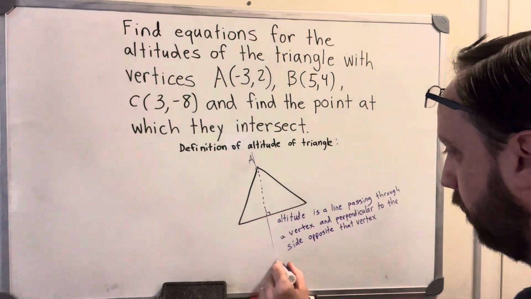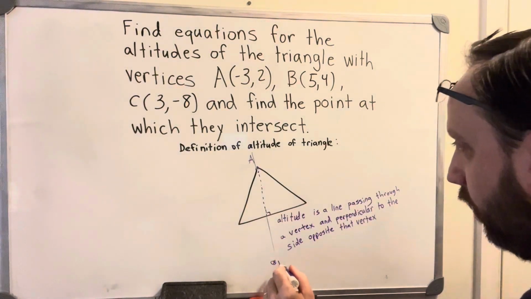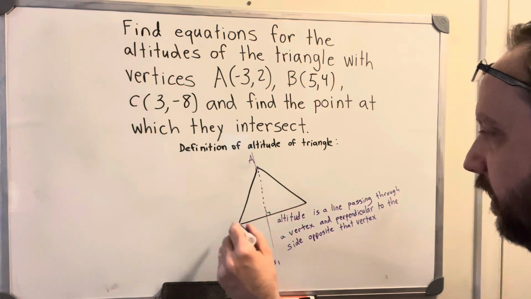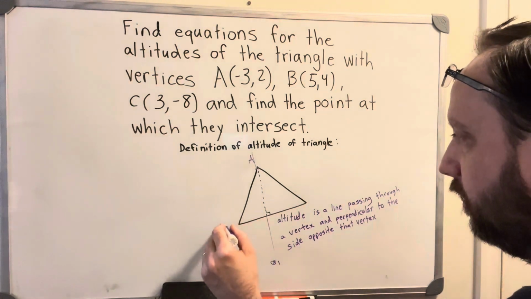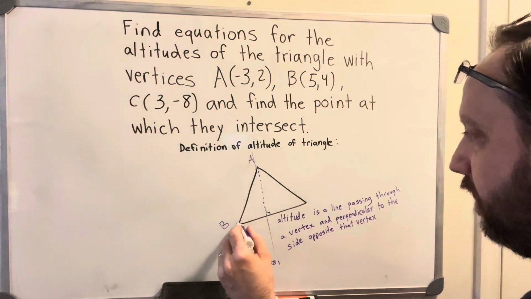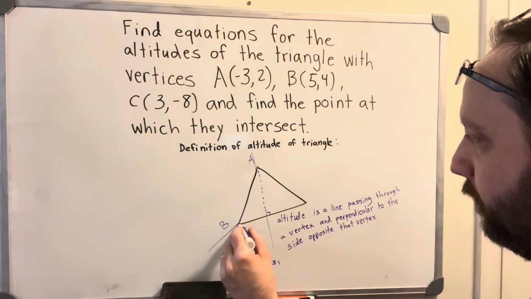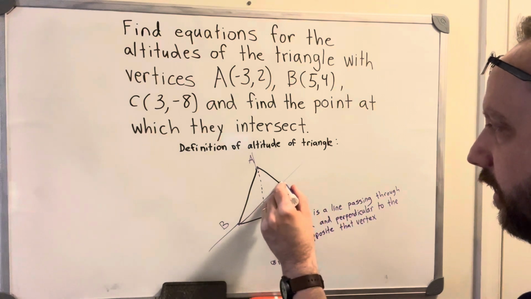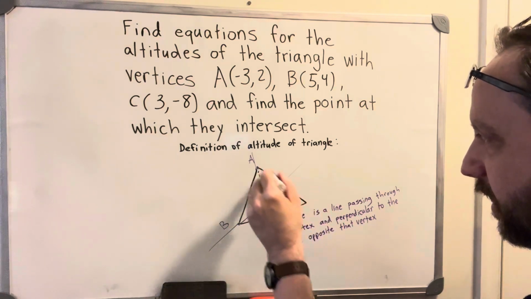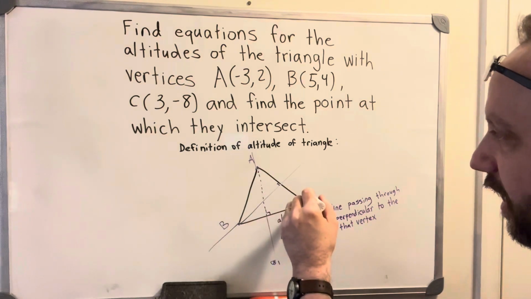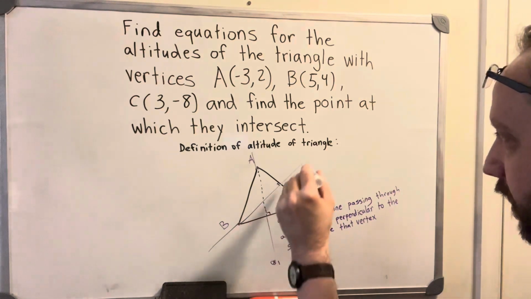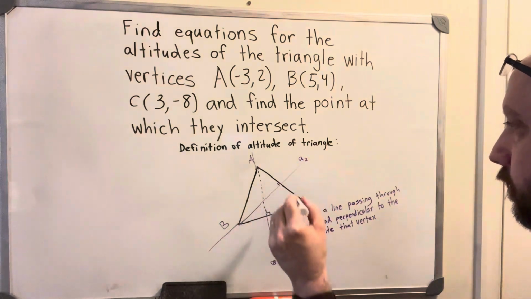We could call this one A1. And if this were vertex B, then the line that passed through B and was perpendicular to this side, which is the side opposite of vertex B, we could call altitude 2.